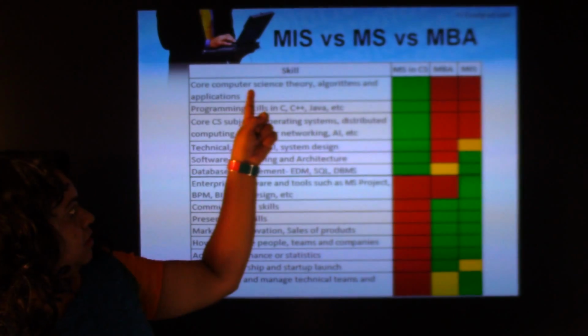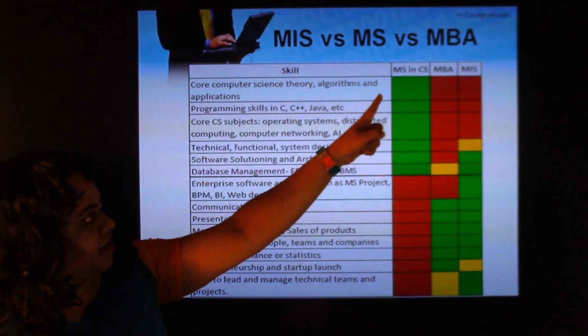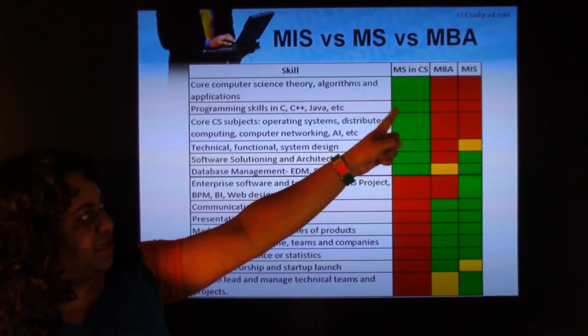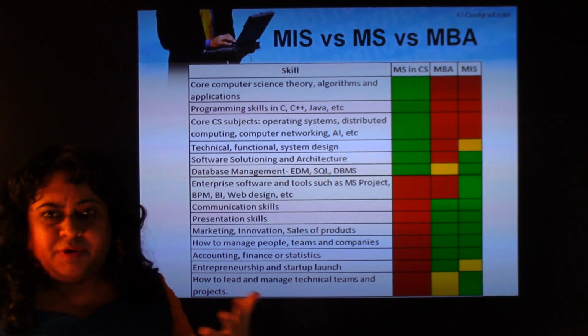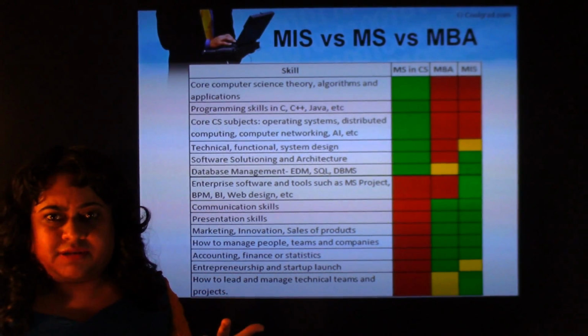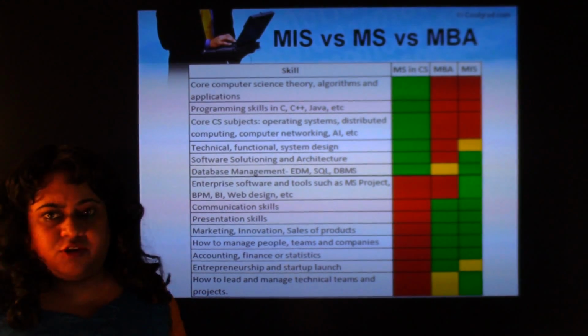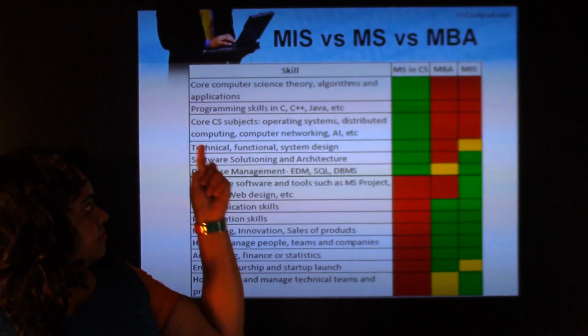When it comes to core computer science theory, algorithms, applications, you learn it in an MS, but not in an MBA or MIS. If you want to learn about computation theory, how to apply algorithms, and do all the space and time complexity analysis, then you should do a master's in computer science, and not an MBA or MIS.